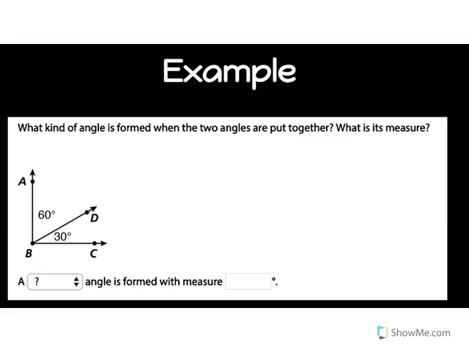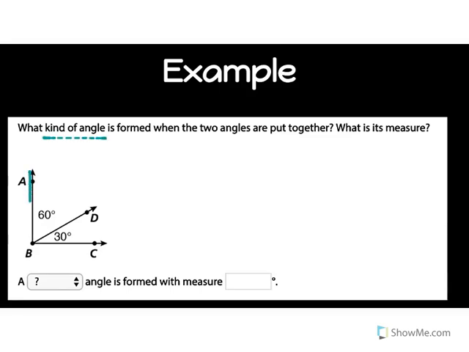Okay, this time they are asking what kind of angle is formed when the two angles are put together. What is its measure? So this time they gave us both of the adjacent angles measures. They're adjacent because they share a common side. But they want to know what kind of angle.